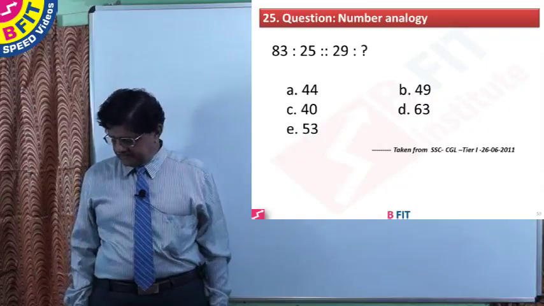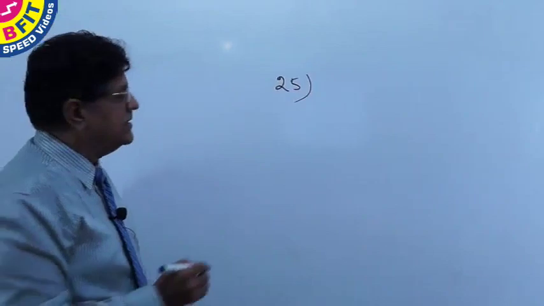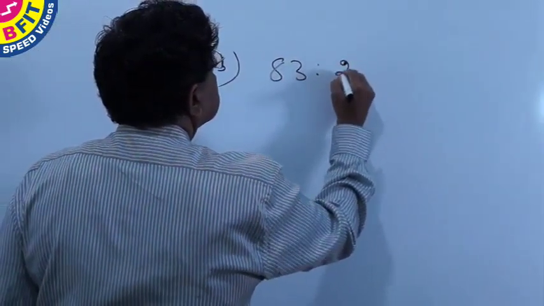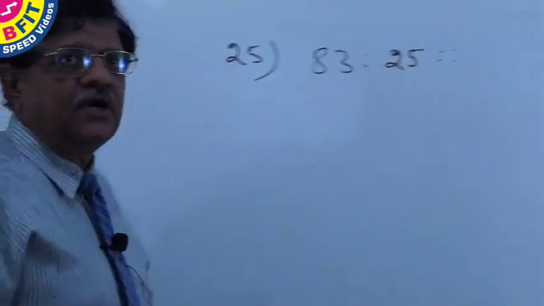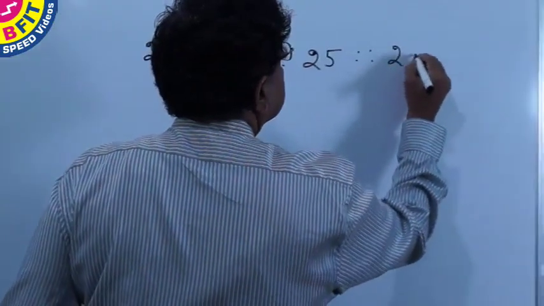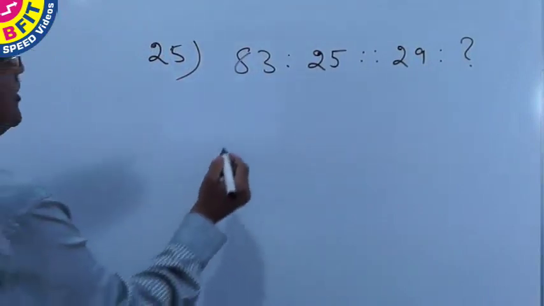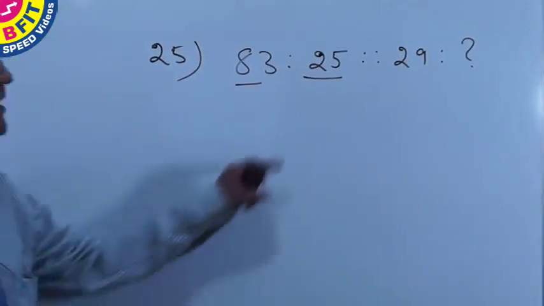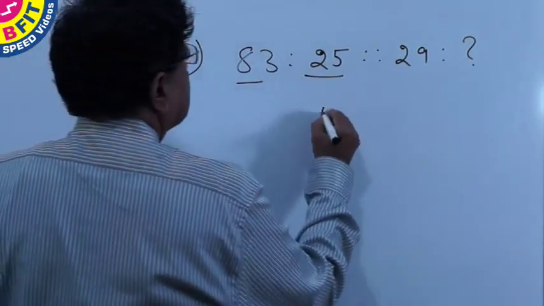Let us see the working. Question number 25. 83 is to 25 is the same as 29 is to what? Now let us look at 83 and 25. 25, all of us know, is the square of 5. 25 is equal to 5 square.